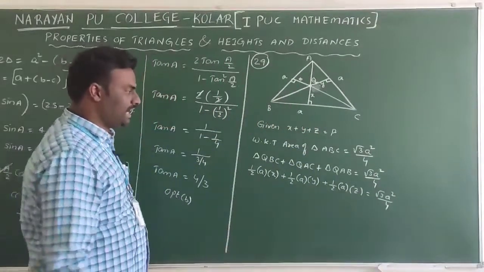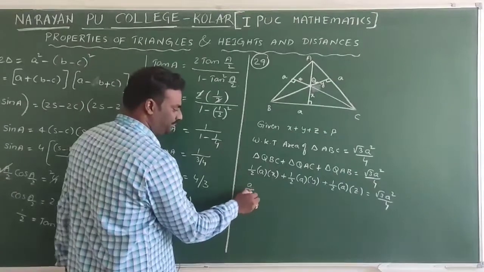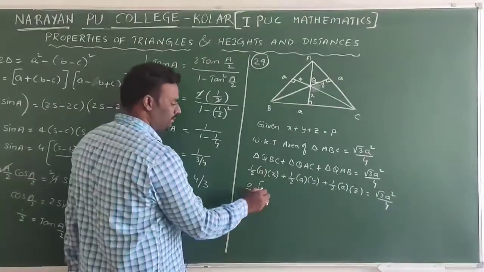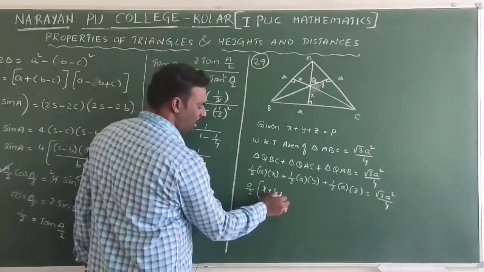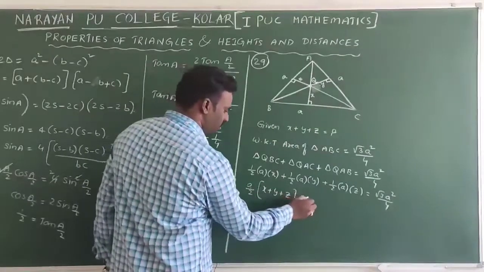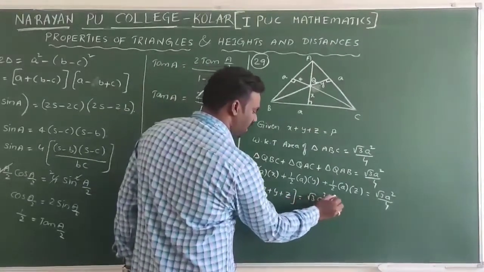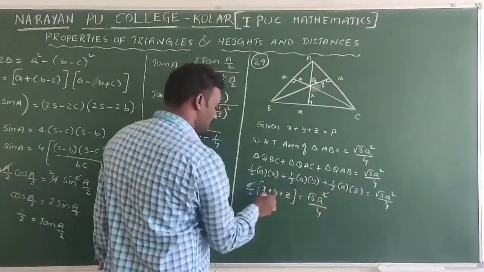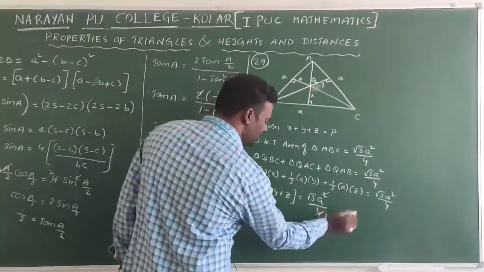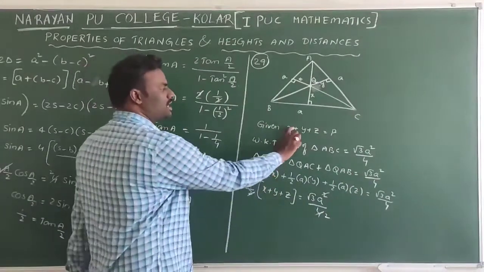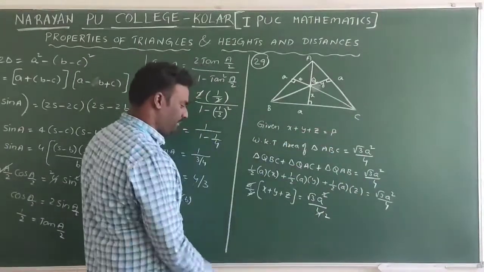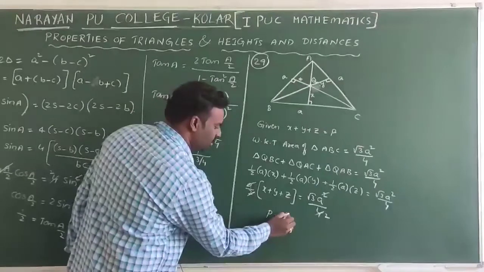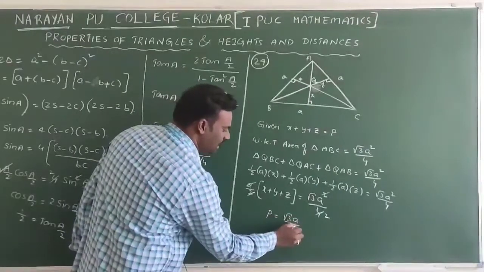Now from this I can take a by 2 common. What will we get? x plus y plus z is equal to root 3 a square by 4 divided by a by 2. Now a and a square get cancelled, and the 2s get cancelled. But already we know x plus y plus z is nothing but P. P equals root 3 a by 2.